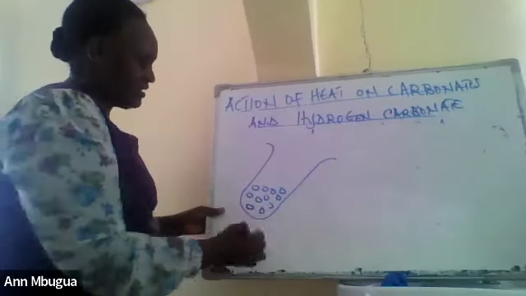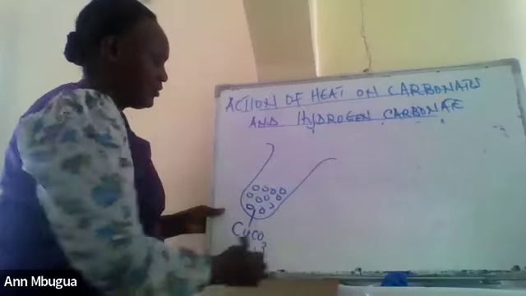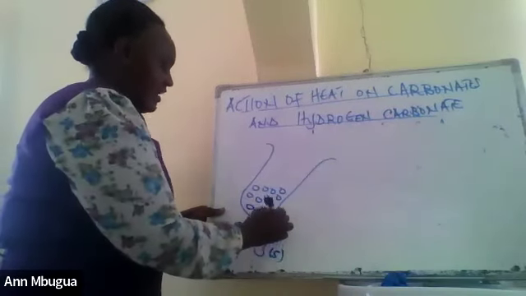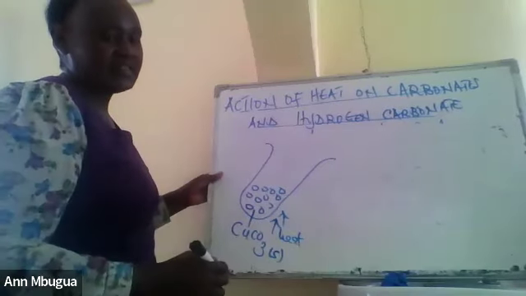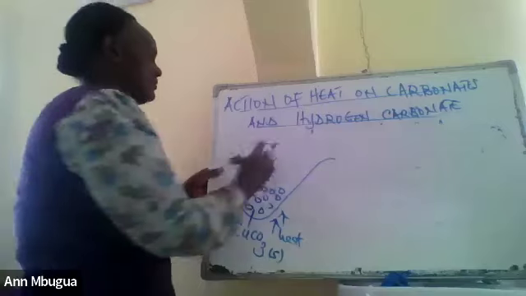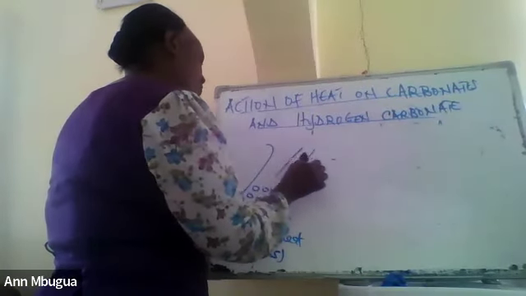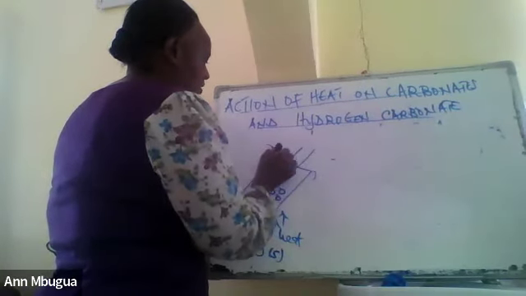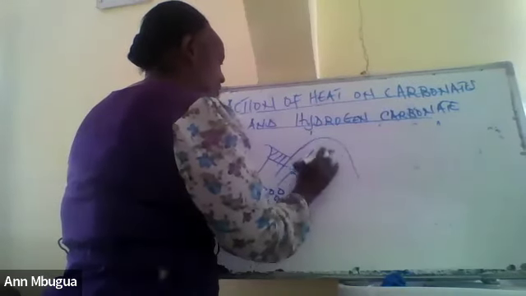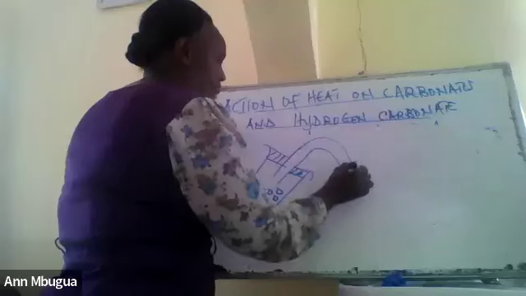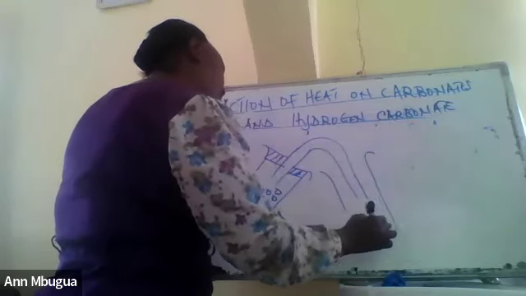The metal carbonate, maybe you can start with copper 2 carbonate, is heated. The gas produced is allowed to pass through the lime water, the calcium hydroxide.